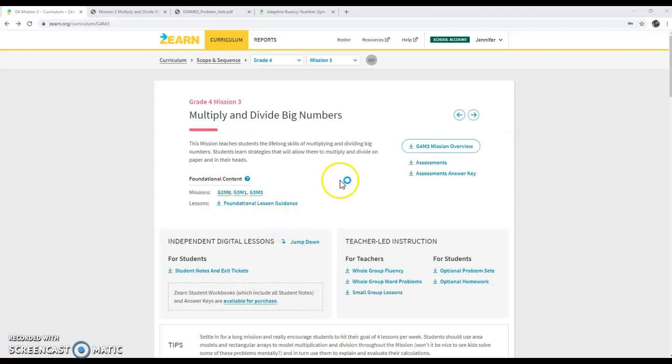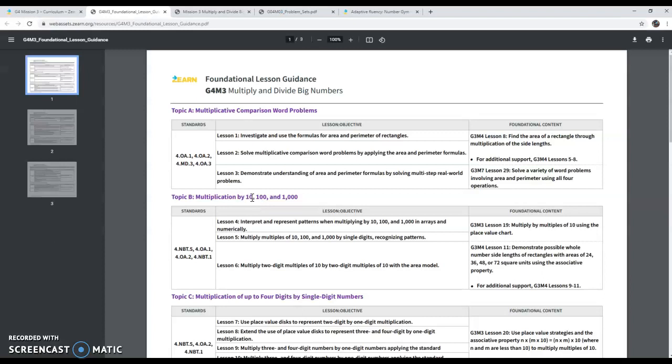When you click back to the main page, you will find a link for that foundational guidance, and you'll be able to find the lesson you were working on. And on the right side here, it gives you examples of previous grades and the lessons that will support students in closing the gap to get to more of the grade level that they need to be on.